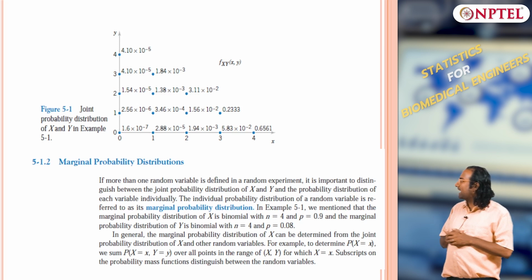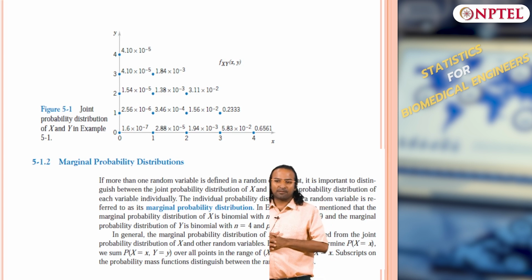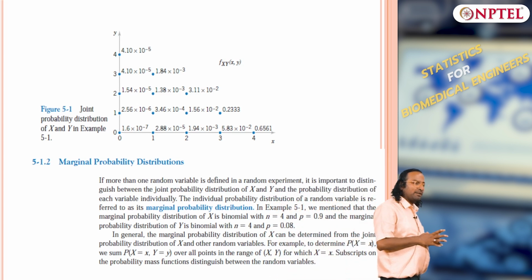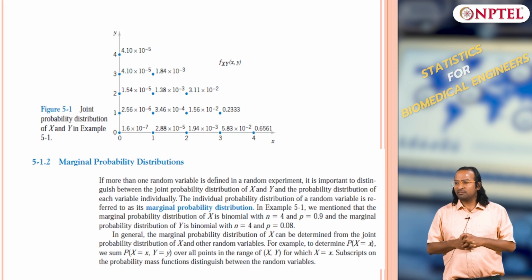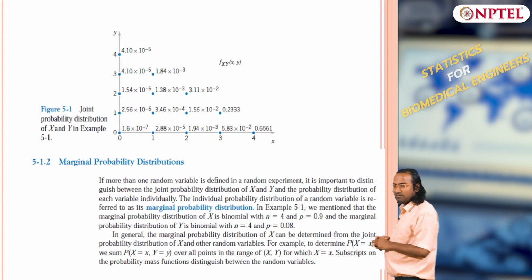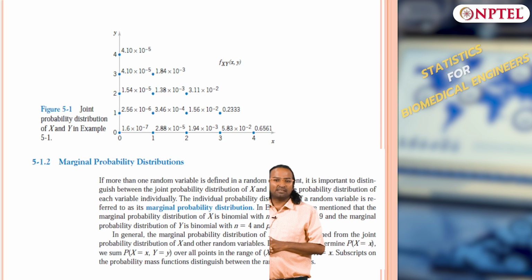Looking at this graph, can you tell whether the random variables x and y are related or independent? What is the shape of the PMF? Is it looking like a triangle somewhere?